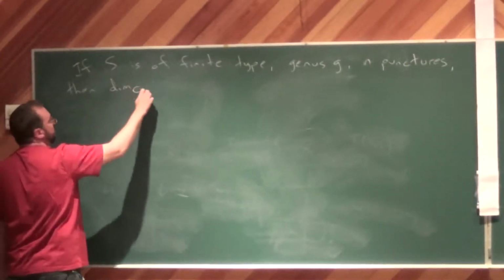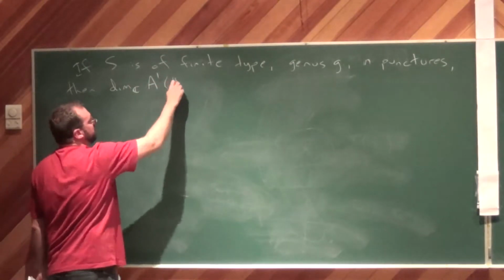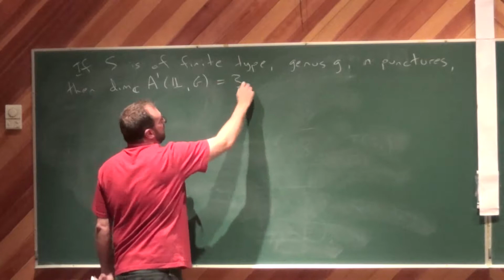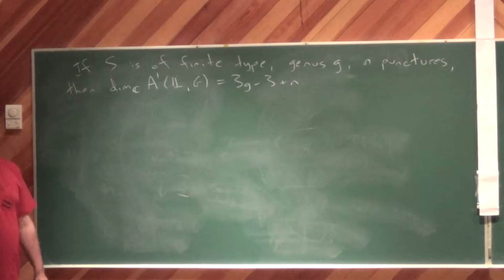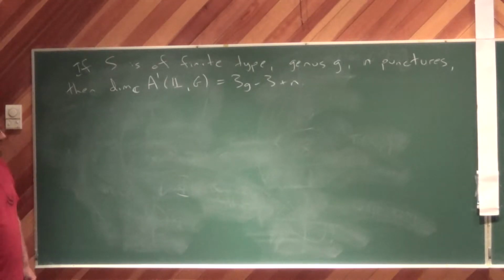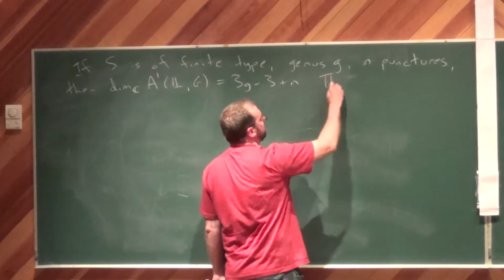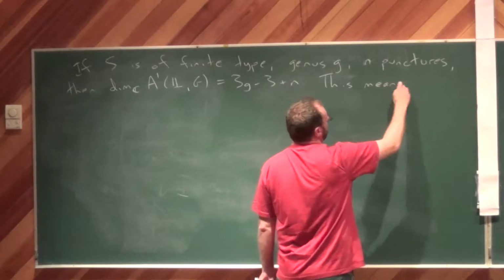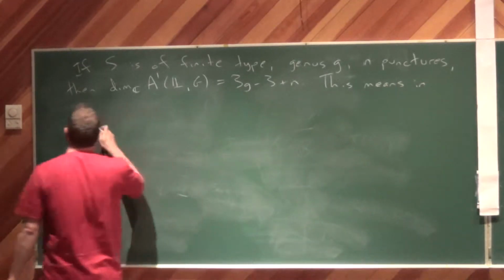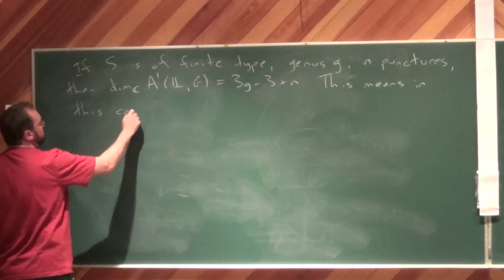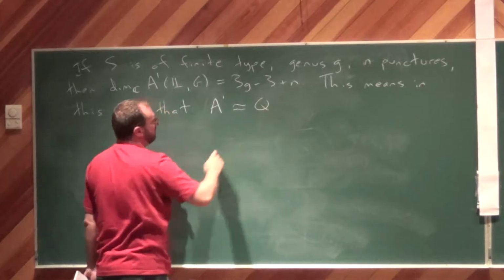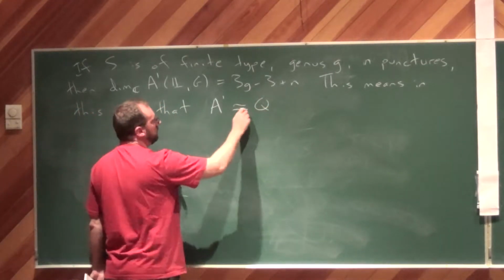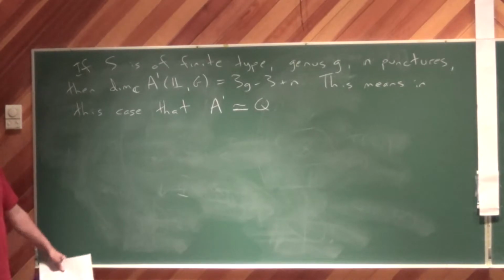Then the complex dimension of this Bergman space is 3g minus 3 plus n. So in particular, it's finite, which means that if we take its dual, that can be identified with the space we started with. So this means, in this case, that we can identify A1 and Q. So they're actually the same space.